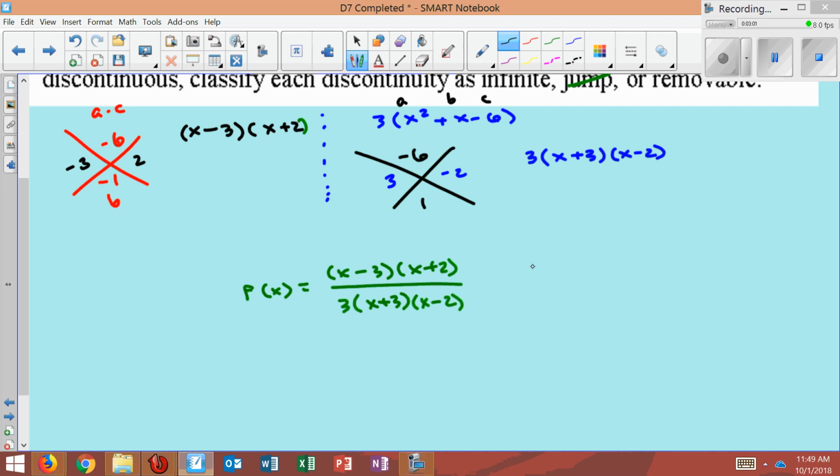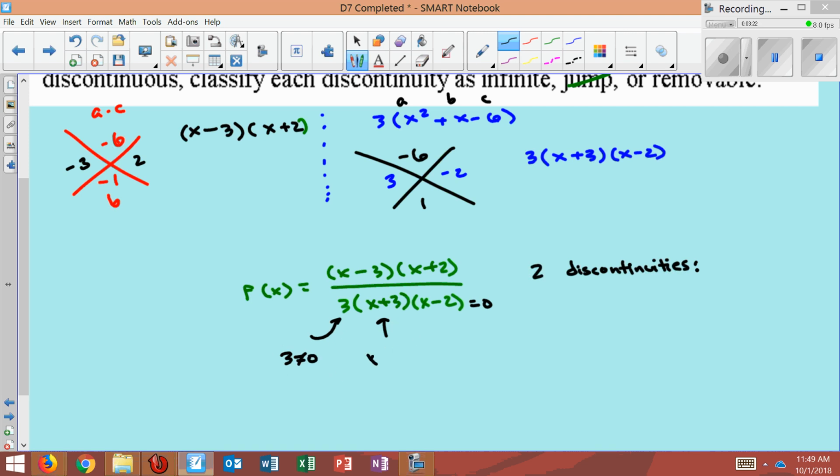So our two discontinuities would occur where the denominator equals 0. It would be when we have a 0 down here. The only way to multiply and get a product of 0 is to multiply by 0. 3 cannot equal 0, it's just impossible, so I don't have to worry about that.